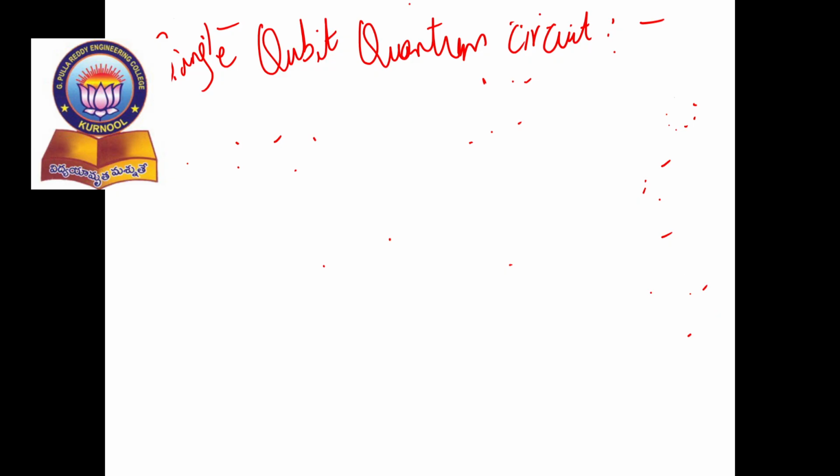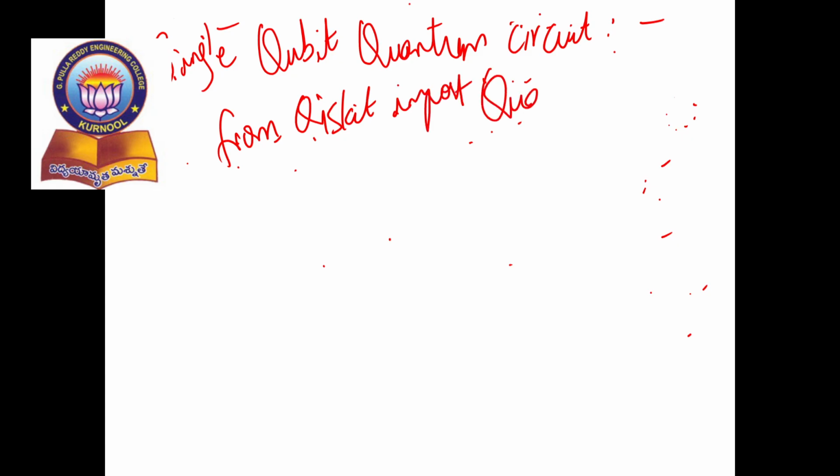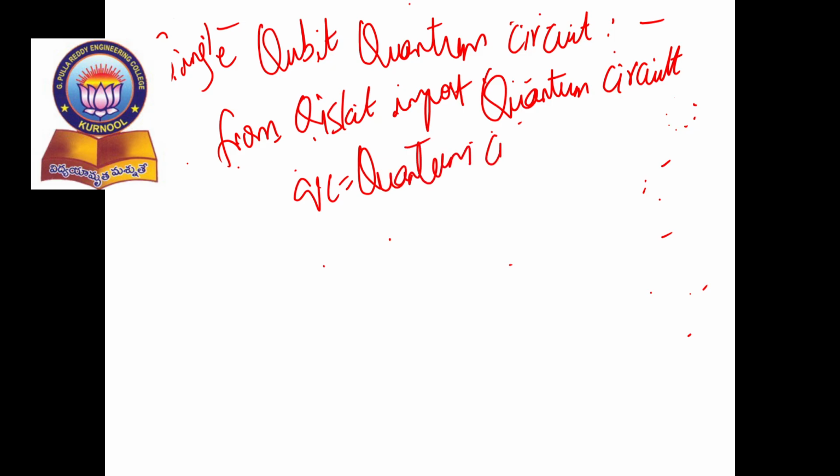The first line is from Qiskit import QuantumCircuit, QC is equal to QuantumCircuit of 1, QC dot X of 0.